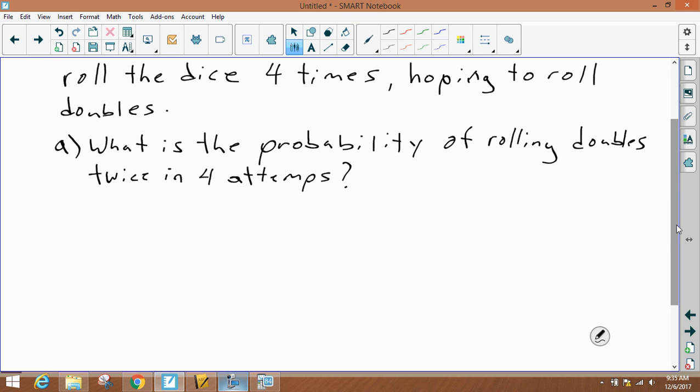Okay, so we're going to find the probability of rolling doubles twice in 4 attempts.